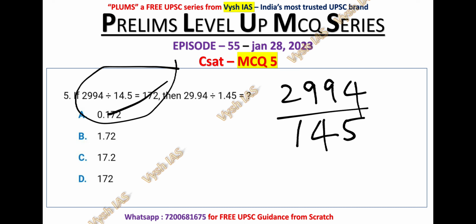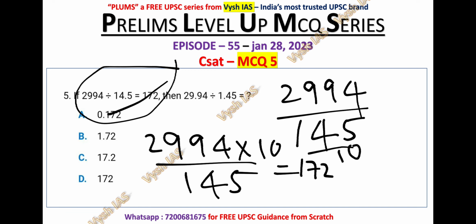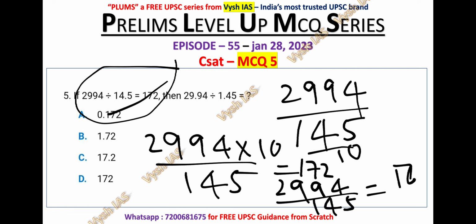14.5 can be written as 145 by 10. This can be written as 2994 into 10 by 145 is equal to 172. So the value of 2994 by 145 is equal to 172 by 10.